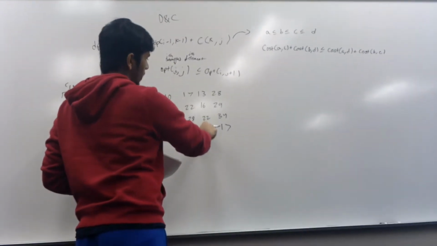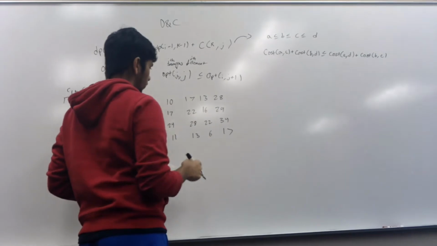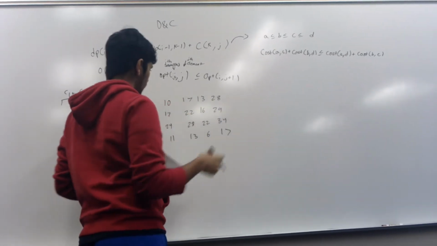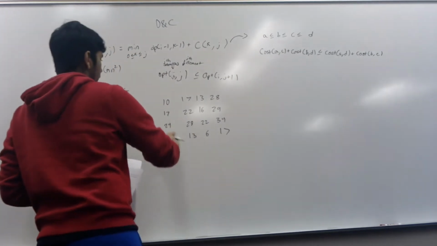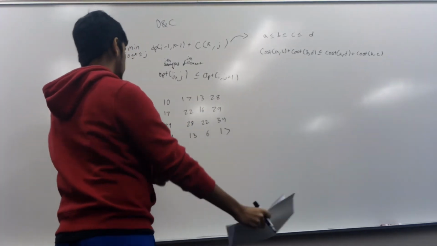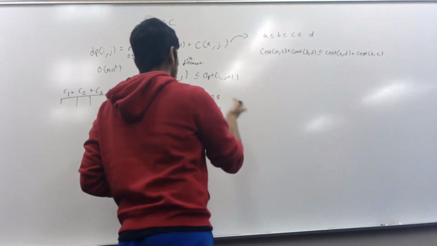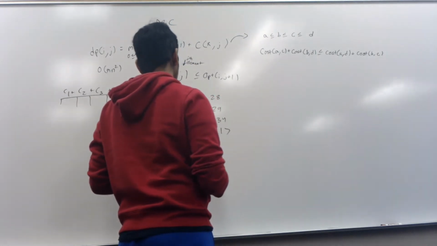It's like 10 plus 22 is less than 13 plus 24, and 10 plus 22 is less than 17 plus 17, right? That's true for any submatrix you choose, and that pretty much defines a Monge matrix.